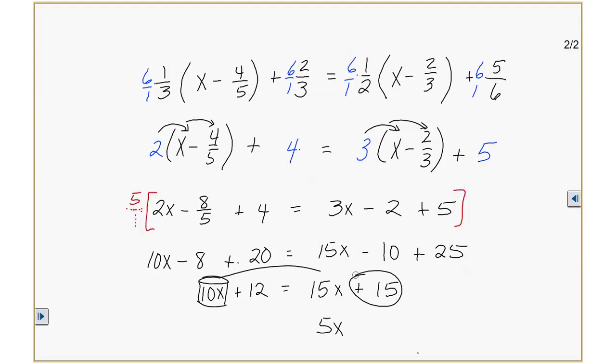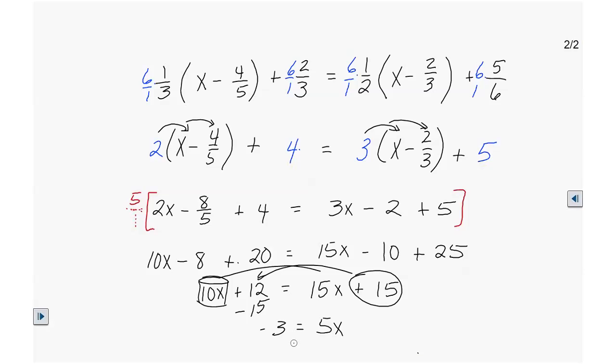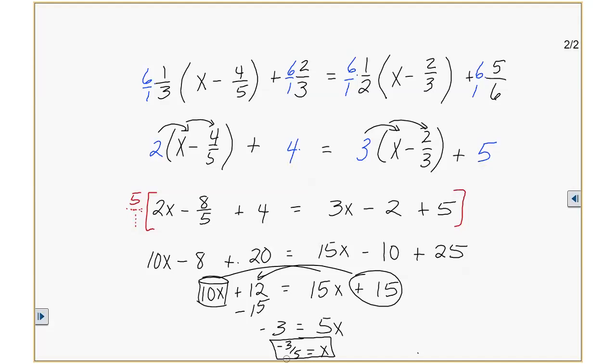Take 15 across the river, you get negative what? X is equal to -4/5. You know how to clear the fractions. It takes all the difficulty out of doing the problem.